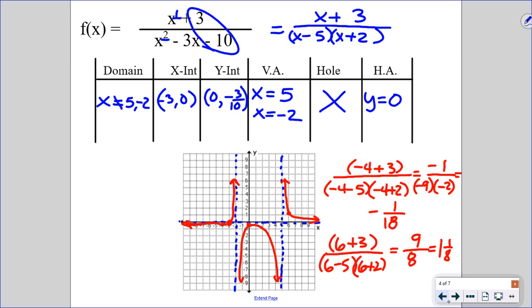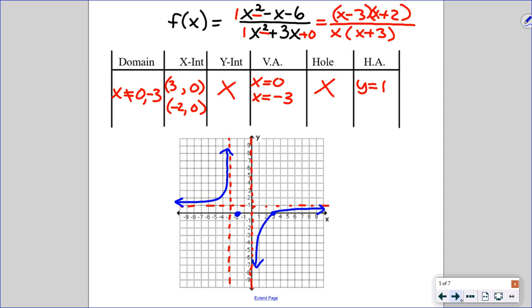But a lot of times in between your 2 VAs, because remember, rational functions are the quotient of 2 polynomials, usually the graph in between the VAs will look either kind of like a quadratic parabola or maybe a cubic polynomial. This is an example where it's probably more like a cubic polynomial, but even if you didn't know that, that's okay. We do need to plot an additional point.